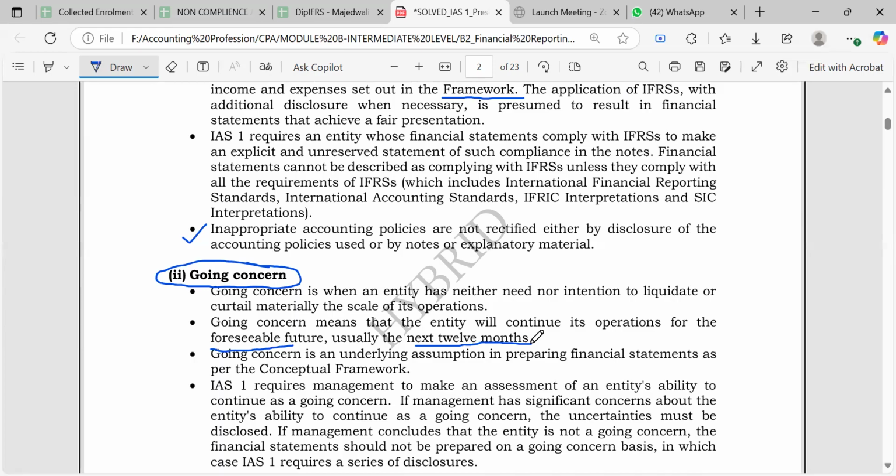So what do we mean by going concern? There are two major reasons, right? It is either an entity has just decided to stop operations of the business, maybe to close one business and use the funds to open another business. Or maybe they're in a bad financial position that they are insolvent. They have undergone bankruptcy, so there is no way they're going to be continued.